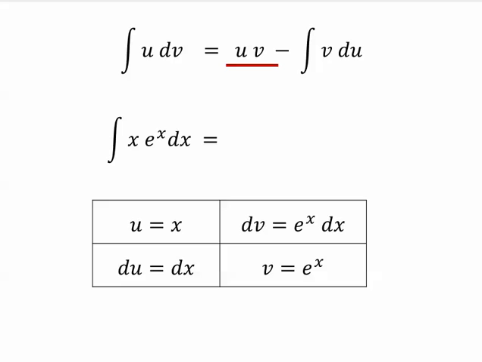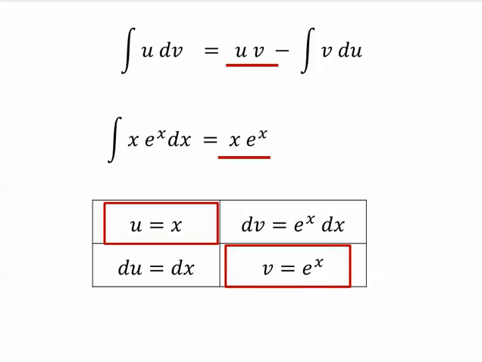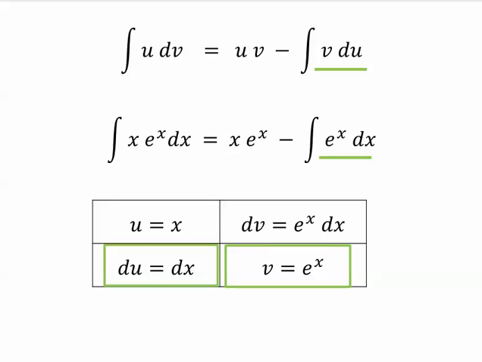The left-hand side is just the integral of u dv, and that's just by our choice of u and dv. Now, the right-hand side. Start with u times v. u times v in this case is x times e to the x. Then we're going to find v du. v du is e to the x dx.